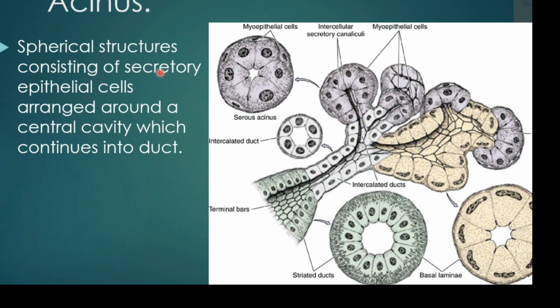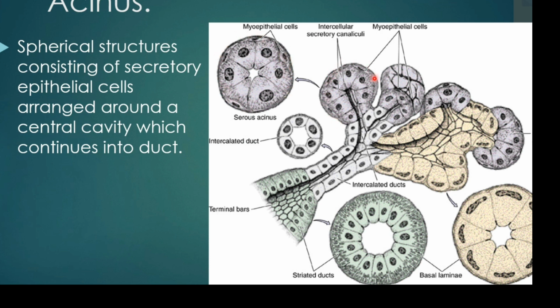So what about the acinus? The acinus is a spherical structure consisting of secretory epithelial cells arranged around a central cavity which continues into the duct. So you can see these are the serous acini, having central spherical nucleus. Basal striations are also present. Myoepithelial cells are also present.